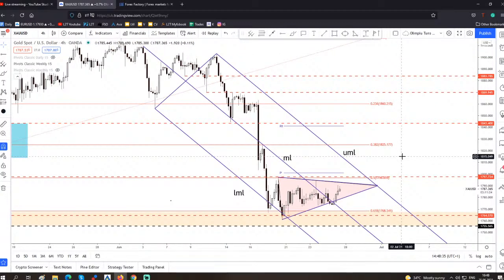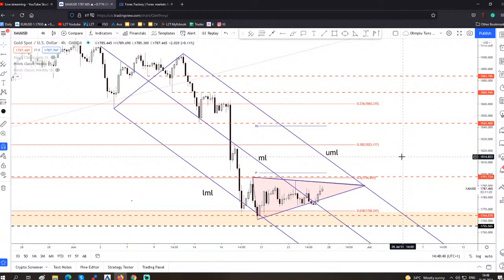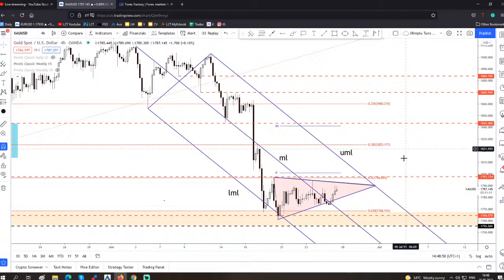We'll have to wait. I will send you the signal maybe on Monday, Tuesday, because something like a false breakout here could send the price down in the short term again.